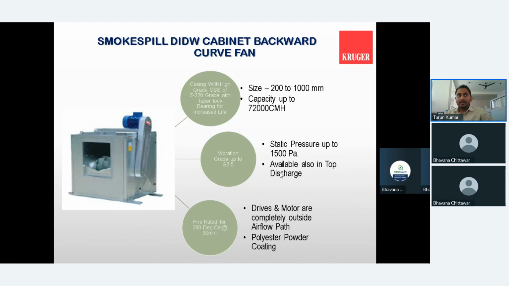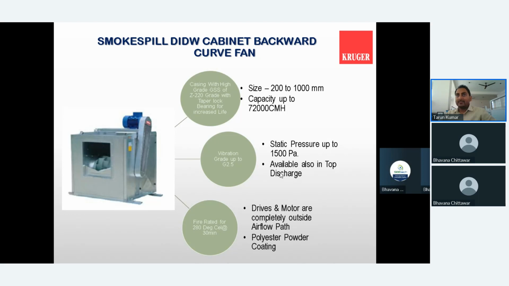At the same time, in an area which is very compact, where there is no space to install the fan at the terrace, or you have a very compact location and you want a lower dB fan, we should prefer to go with the cabinet fan. A cabinet is nothing but an enclosure which gives some sound reduction.